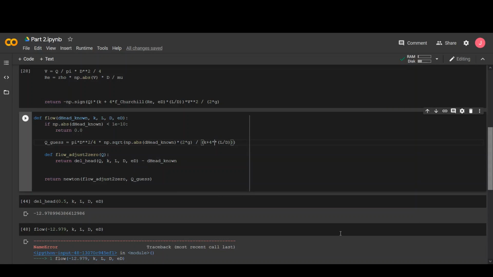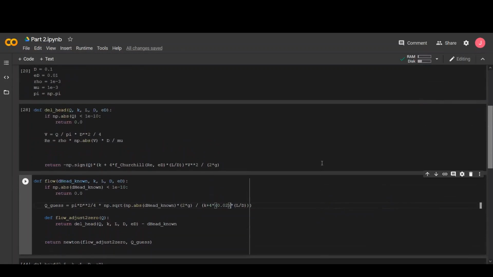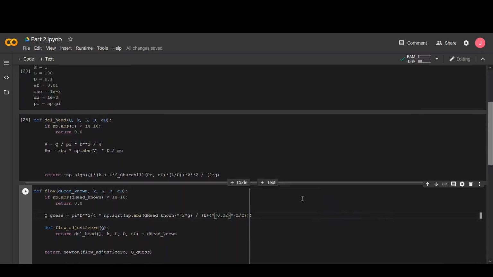So I'm going to look at a Moody diagram now. Looking at a Moody diagram, I'm going to use 0.02. Ultimately, it really isn't entirely important that that's a perfect guess, but at least for the roughness in our problem, it's a pretty decent guess.